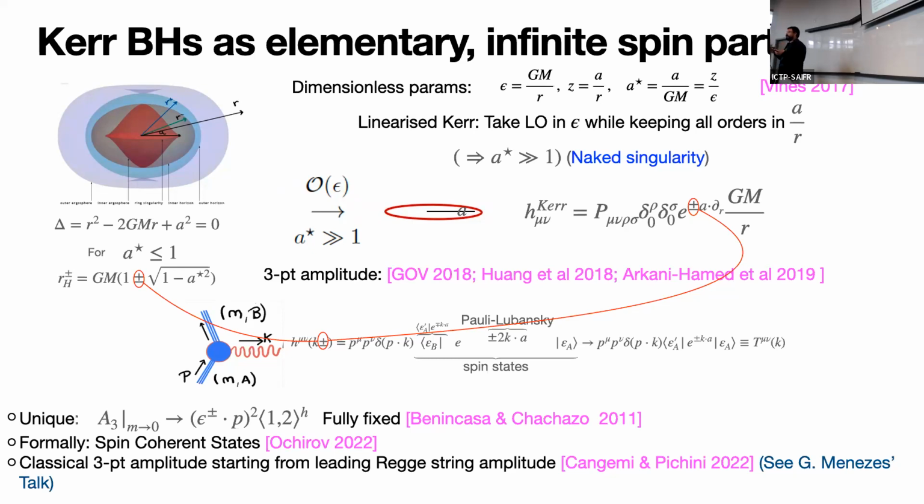Many of the physical processes that happen at the horizon are lost. It's more than just the horizon. The solution is not physical. Yeah. So is something sick happening, or is there a problem with the amplitudes, or is it just some unitarity thing? No, it's just an amplitude that doesn't describe an actual black hole. It describes a naked singularity. That's it. It cannot be a physical object, but still it's some mathematical object.